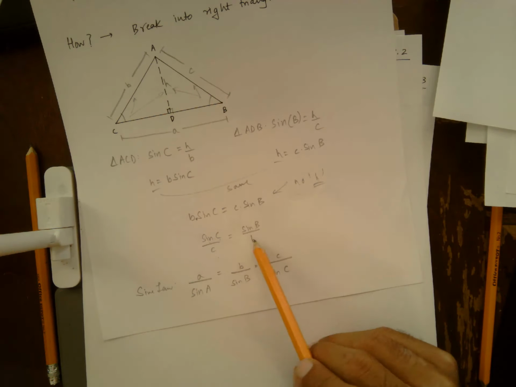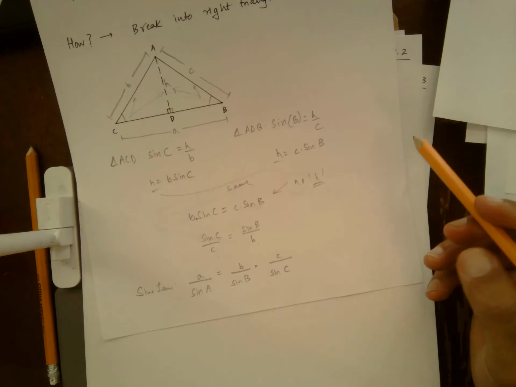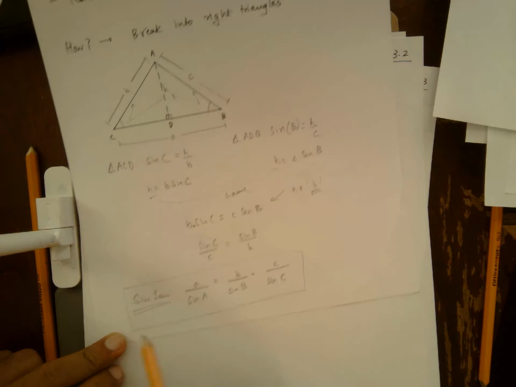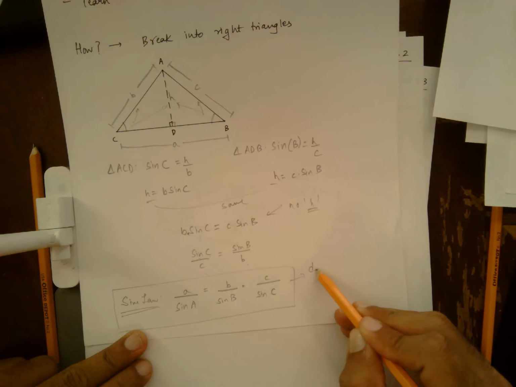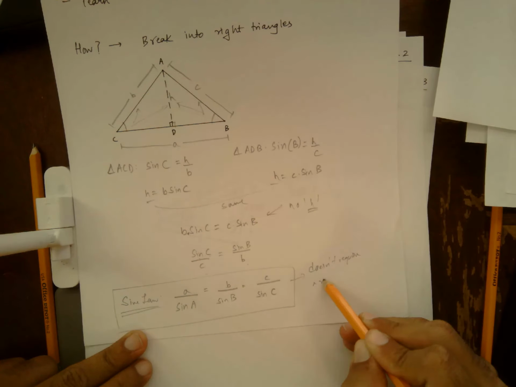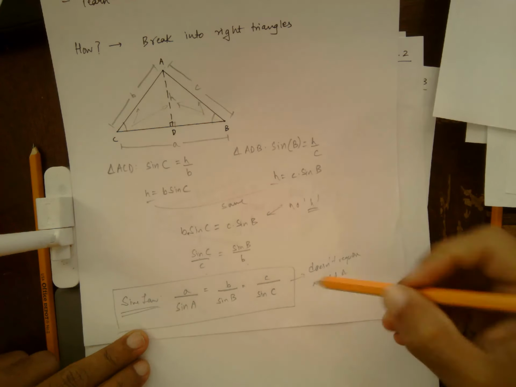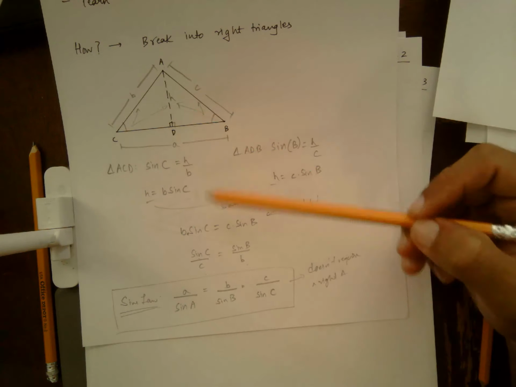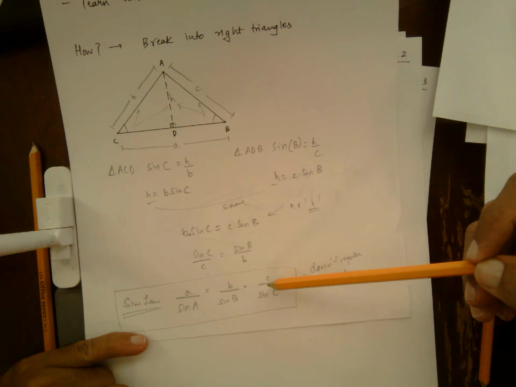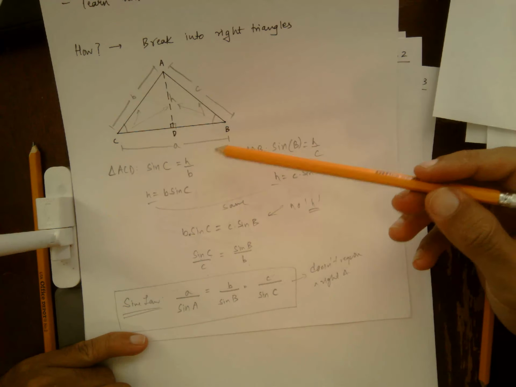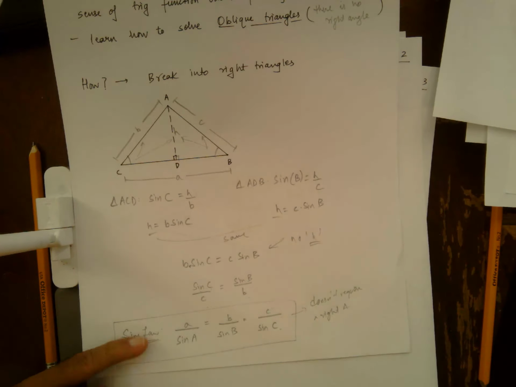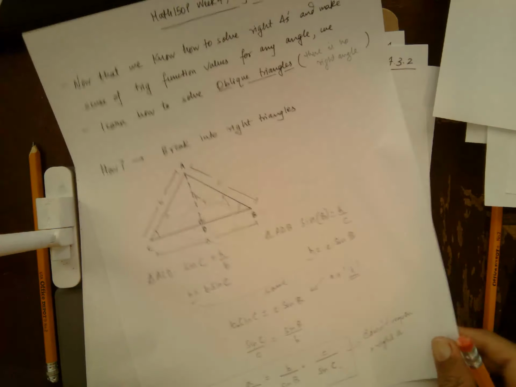If two ratios are the same, then their reciprocals are also the same. This is very neat because this does not require a right triangle. We used a right triangle to get to this relation, but the final relation has nothing to do with a right triangle. a, b, c are sides of any triangle. Capital A, B, C are angles of any triangle. Very useful relationship.